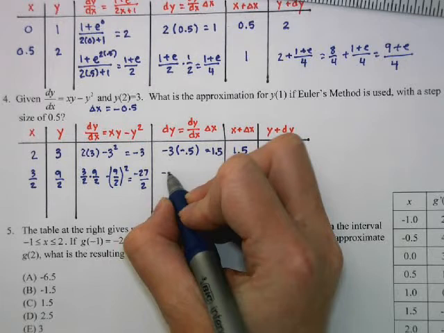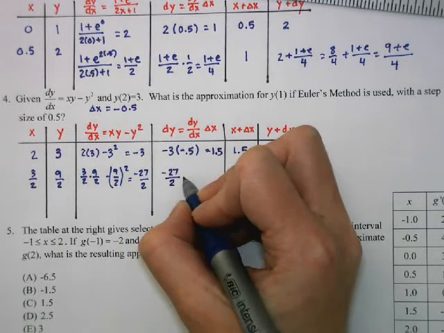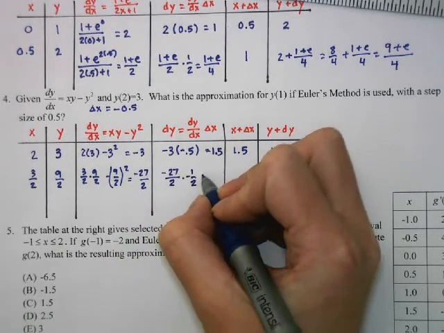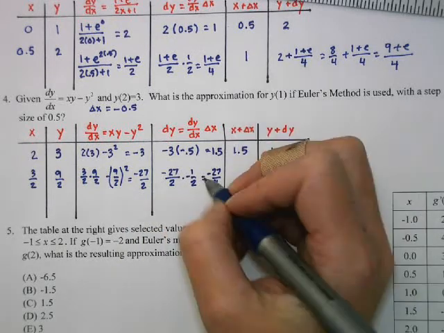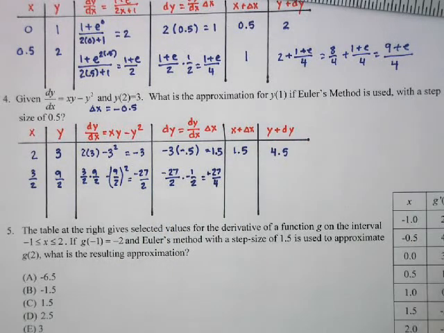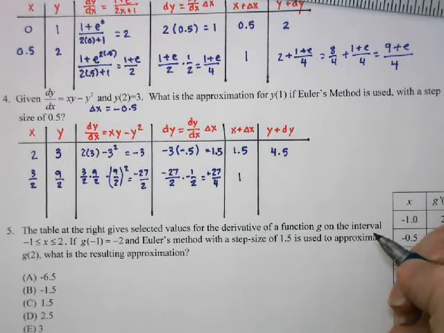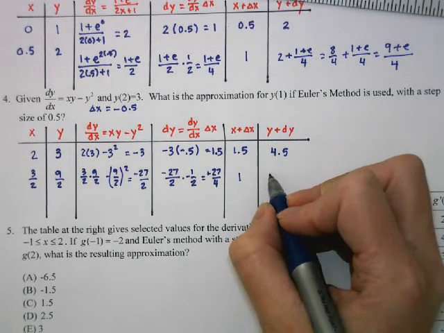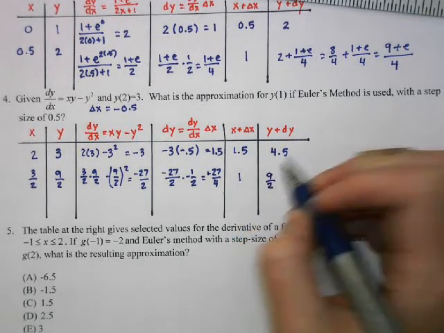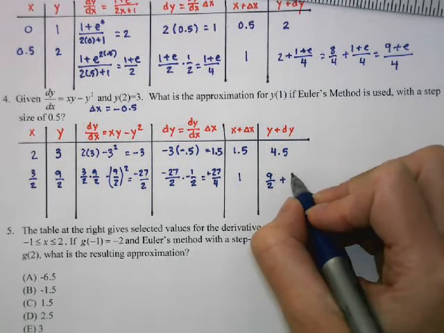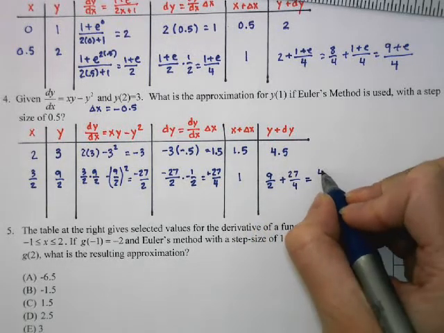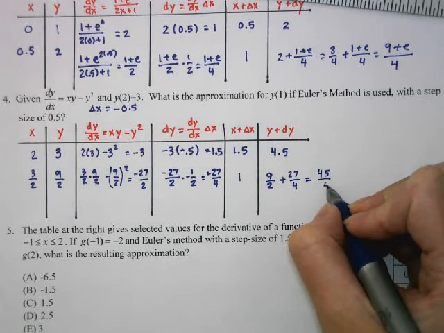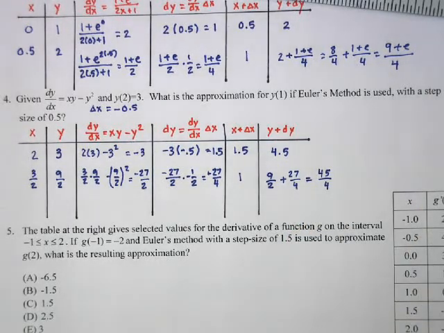Okay, so our dy, -27 over 2 times -1/2, is going to be positive 27/4. So we finally get to our destination of 1. My new y is going to be 9 halves plus 27/4, which, if you do the math, is 45/4.